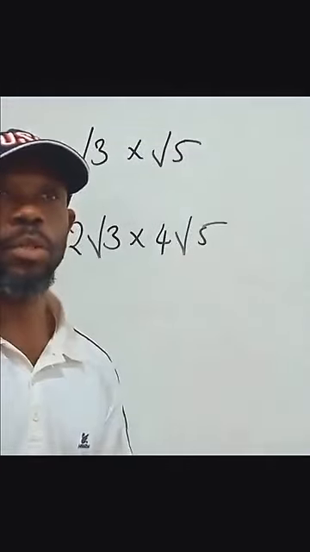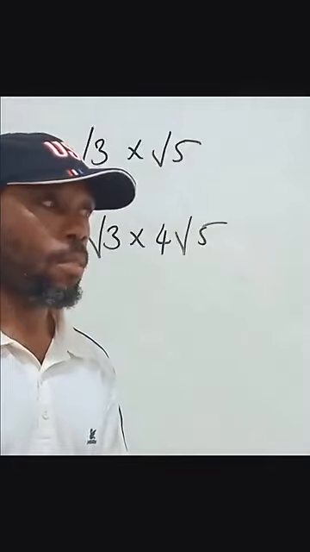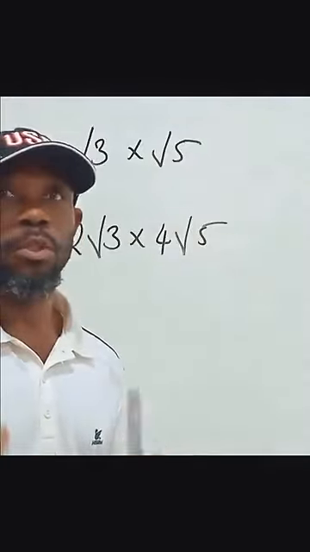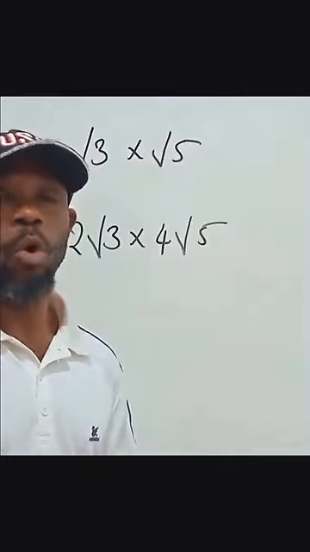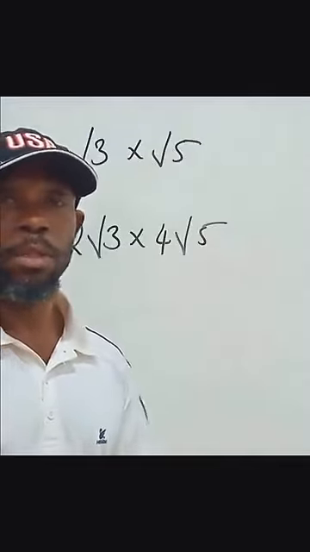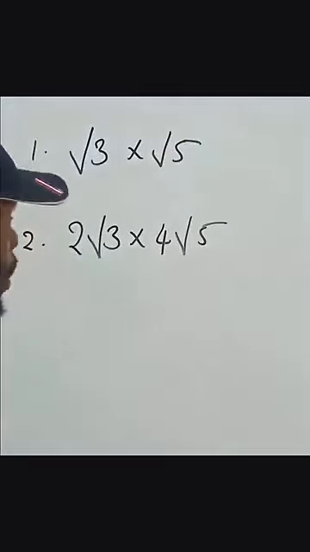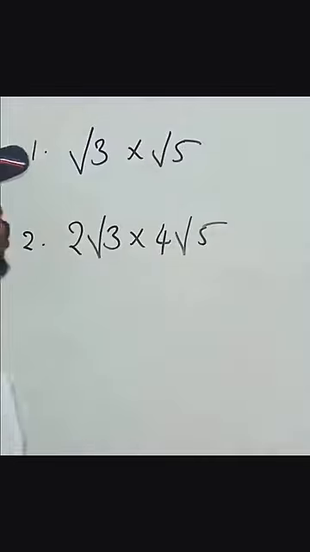In addition and subtraction of surds, the surds must be alike before you can add them or subtract them. But in multiplication, that rule does not apply. In multiplication, you can multiply unlike surds.